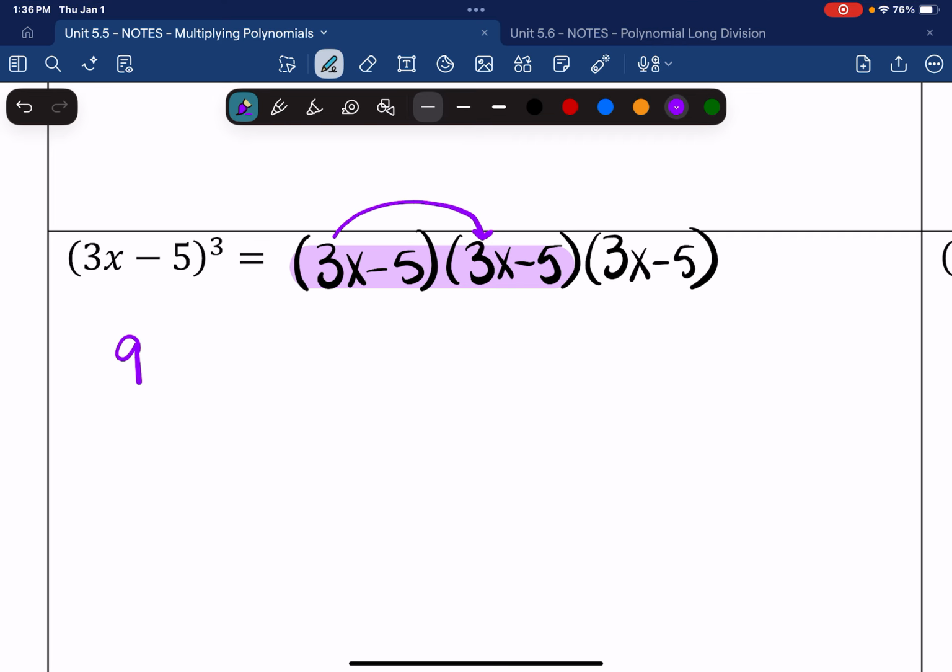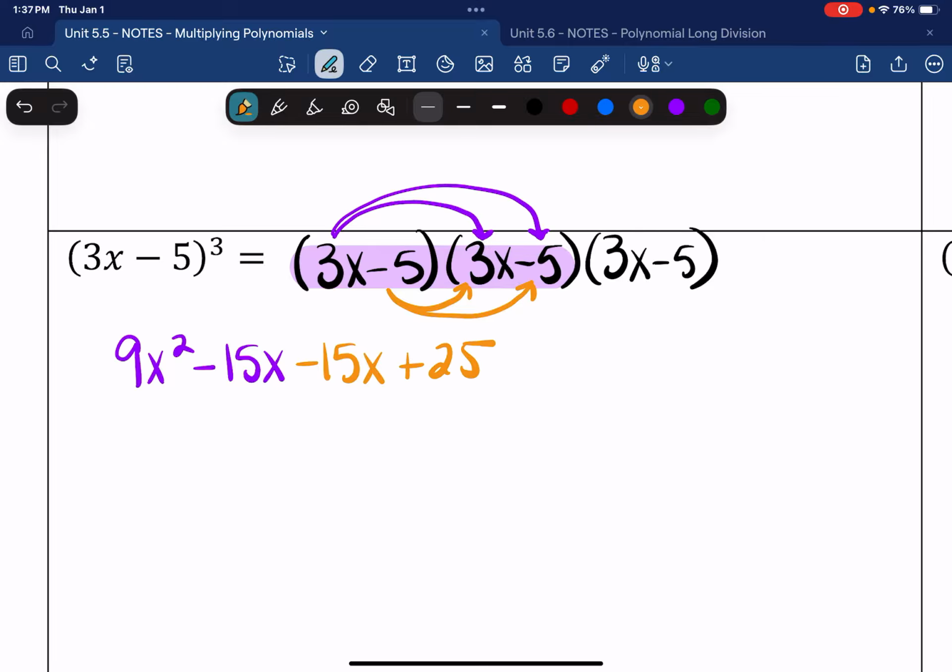That's going to give us 9x squared. 3x times this minus 5 gives us our minus 15x. Then we have this negative 5 times 3x gives us another minus 15x. And then negative 5 times negative 5 gives us a plus 25.